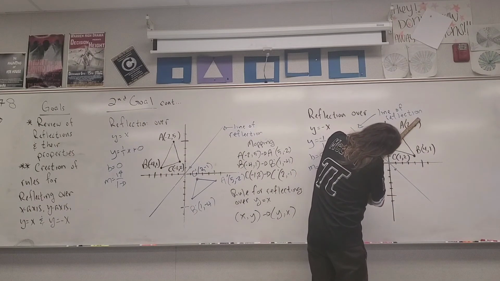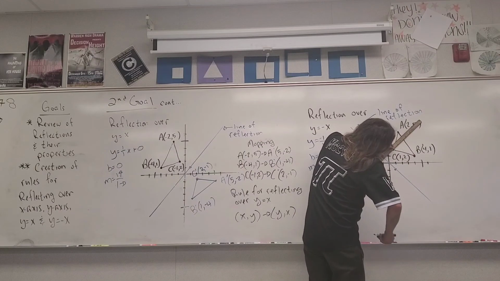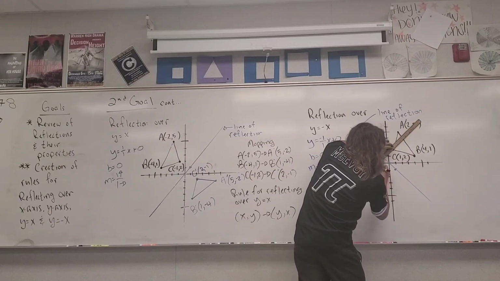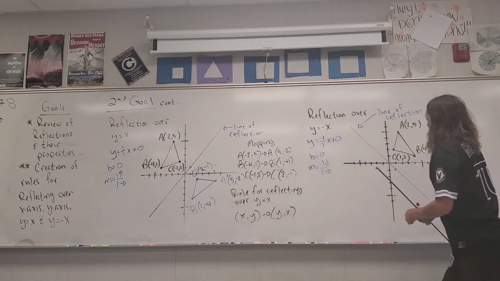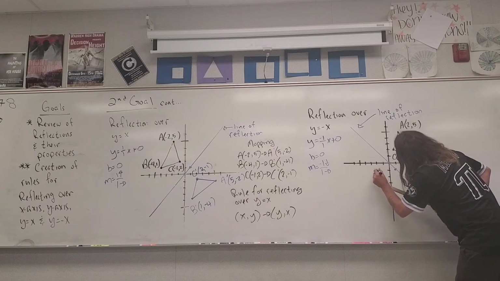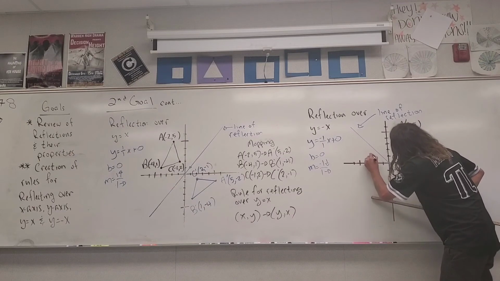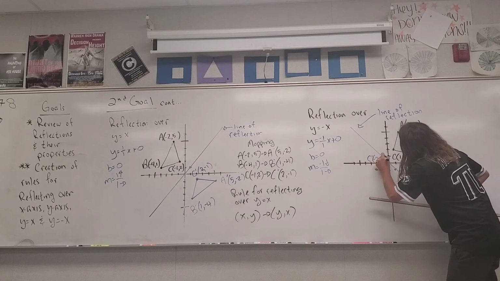All right, you are 10 away, and 10 away would get me to here. Okay, there's C prime. Well, it's a little bit off. This is where C prime is supposed to be. So C prime would be (-2, -1). Okay.